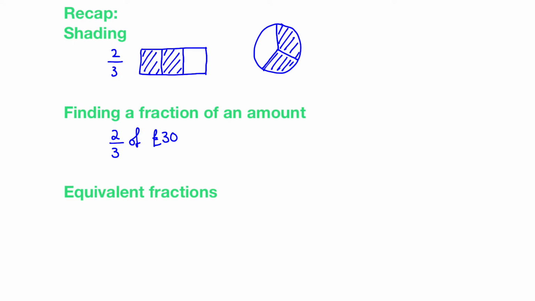So as we're calculating a fraction of an amount, it means we need to take our amount and split it into 3 pieces and we need to choose 2 of them. In other words, what we're doing here is divide by the bottom, then times by the top.